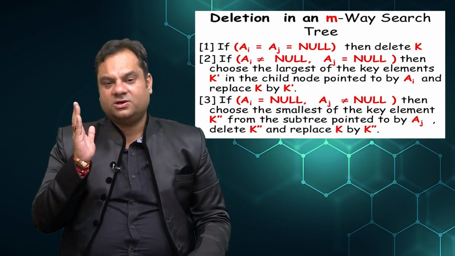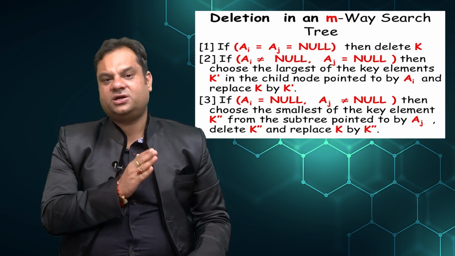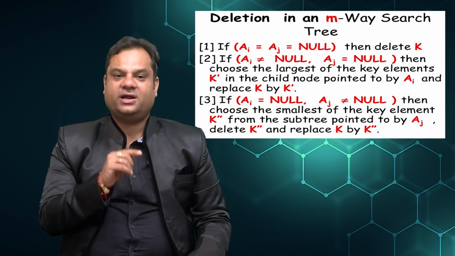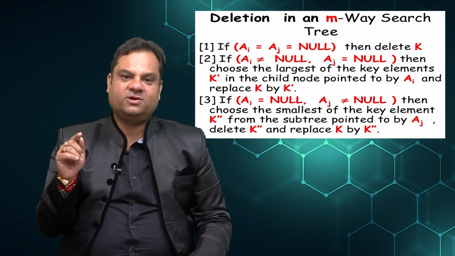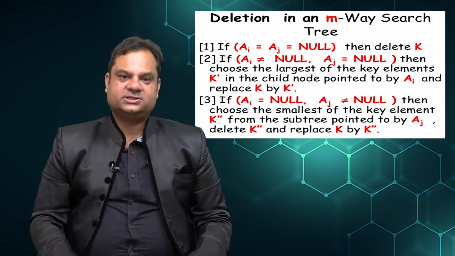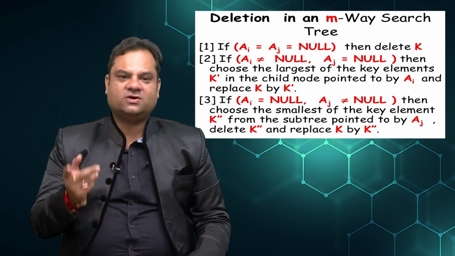So when replacing from the left children, you have to choose the biggest element among the children, and that key will be replaced by the largest value. This is the second case. Now we go for the third case, the vice versa of the second case.